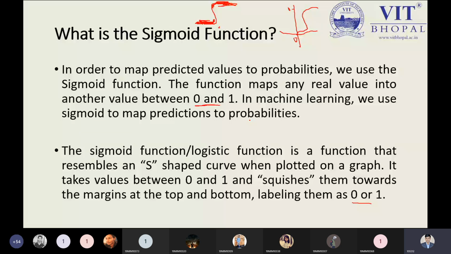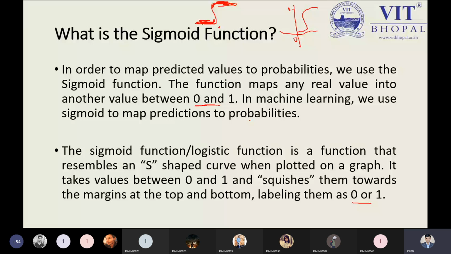That's why the name is sigmoid, because we get an S shape. It looks like this S-shaped curve on the graph. The value would definitely be between 0 and 1, but we will assign only based on whether the value is less than or greater than the threshold value. That is the point we need to keep in mind.